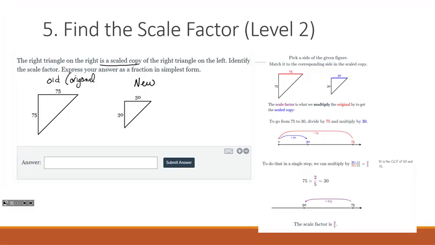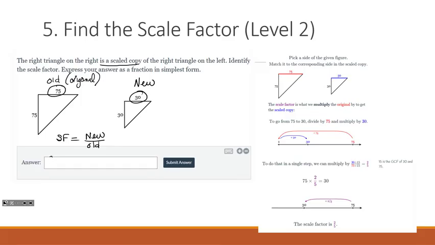Okay. I use "old" a lot, but a lot of people say it's the original, the pre-image. On the right, identify the scale factor. Remember, your scale factor is the new divided by the old. So pick a side. I'm going to choose 30. What side does it correspond with over here on the original or the old triangle? 75.